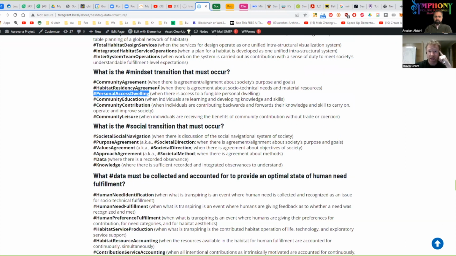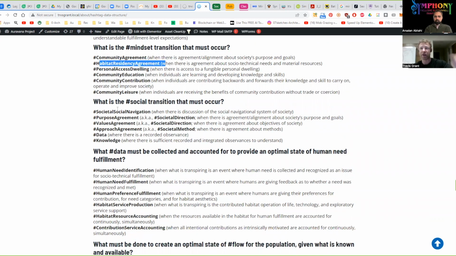And so then each habitat has habitat residency agreements, and then you have a community agreement for the unified global community. And you have habitat residency agreement profiles, and you have to fill out that profile in order to agree to visit or live in a habitat, essentially. Just saying that you'll follow the rules of that habitat, which reside under community agreement.